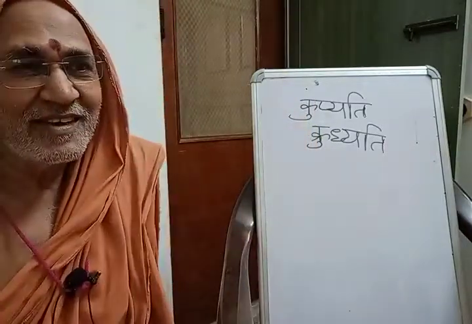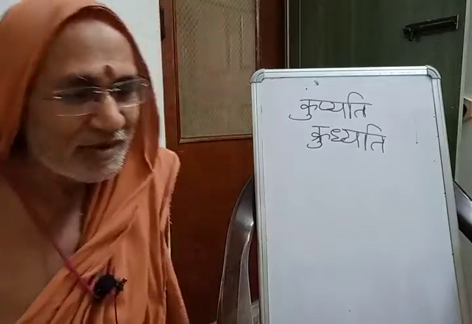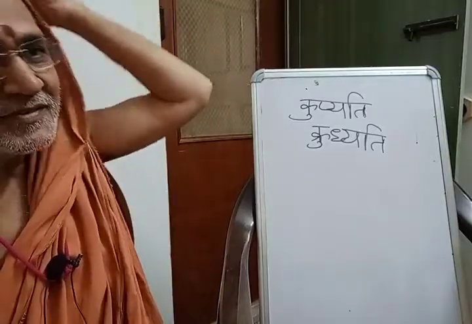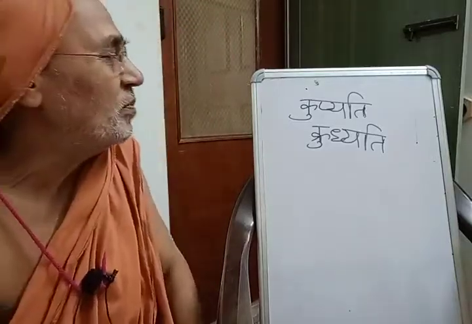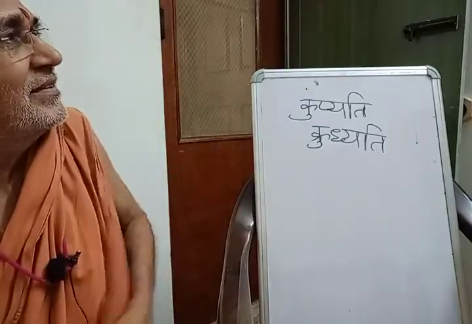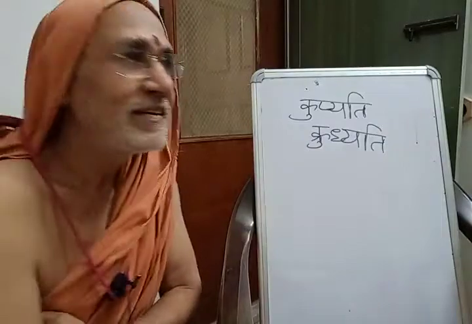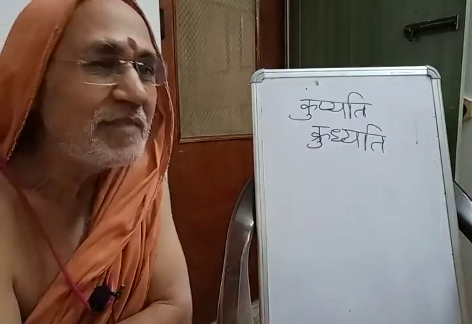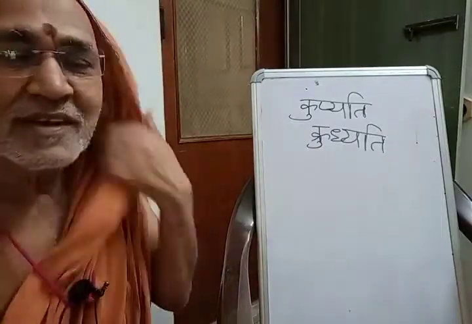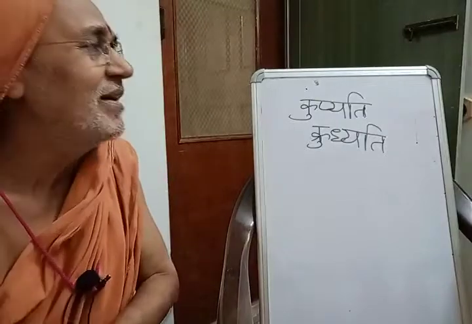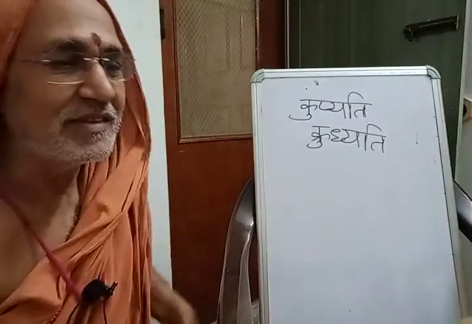Kupyati, krudhyati. Kopaha, krodhaha. Okay. Kupyati, kupyataha, kupyanti. Kupyasi, kupyathaha, kupyatha. Kupyami, kupyavaha, kupyamaha. Correct. The same thing, krudhyati also. Though the book is not covering it, we can learn krudhyati also.